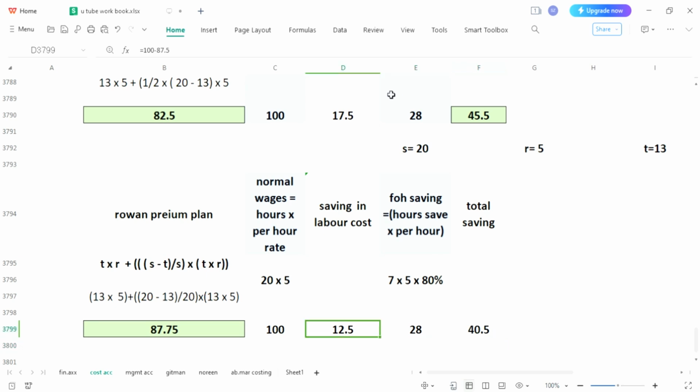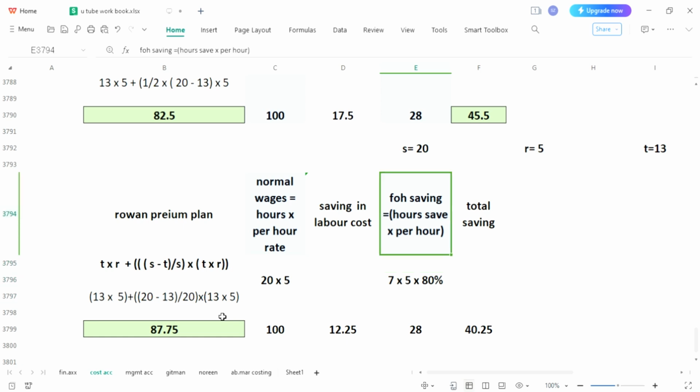Actually it should be 25, and what we have written, let's check it out, 87.75 is the amount. So in this way you can see that there were two amounts, 12.25 and 28. Let's mark it. This is the saving in FH.